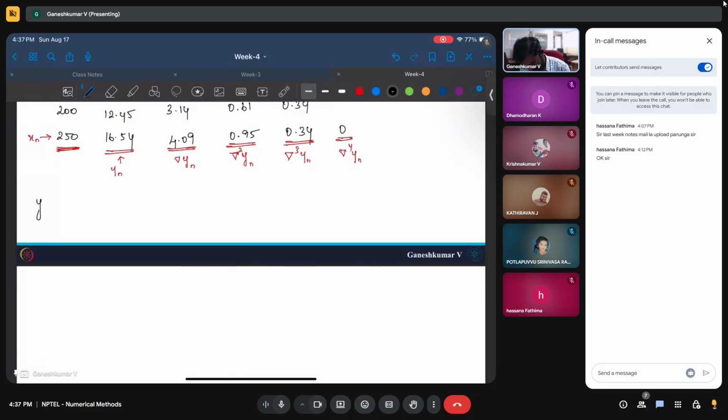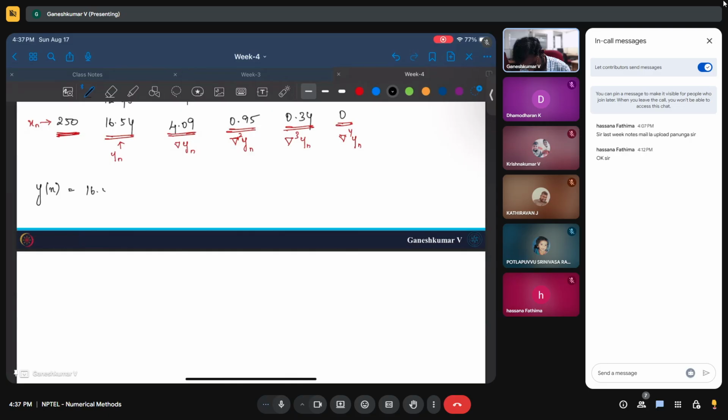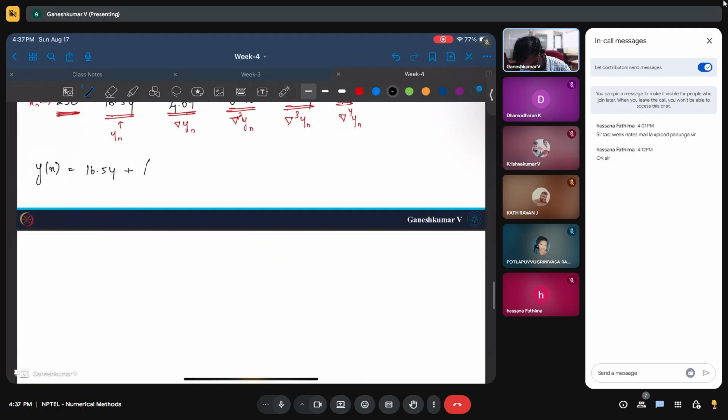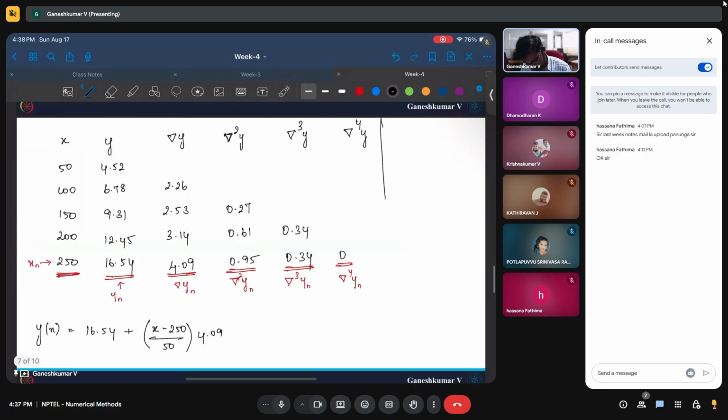Let's use this. It's going to be y of x. It's going to be yn. What is yn? 16.54 plus p. What is p? x minus 250 by 50, p into nabla yn, which is 4.09. Correct?